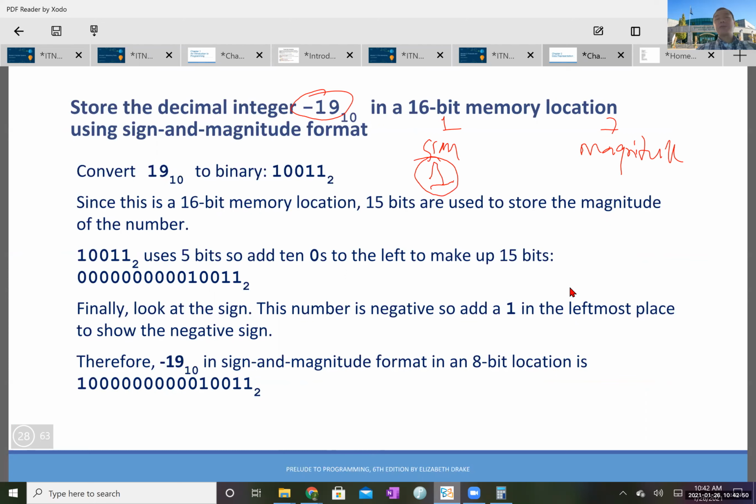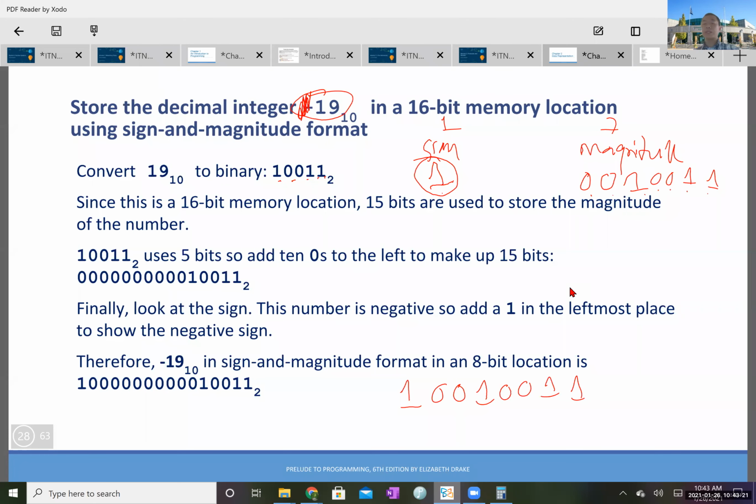Now you take the magnitude, 19, and convert it to 1 0 0 1 1. That's 5 bits, so we need 2 more 0s on the left. So to convert negative 19 to sign and magnitude format, you have 1 0 0 1 0 0 1 1.